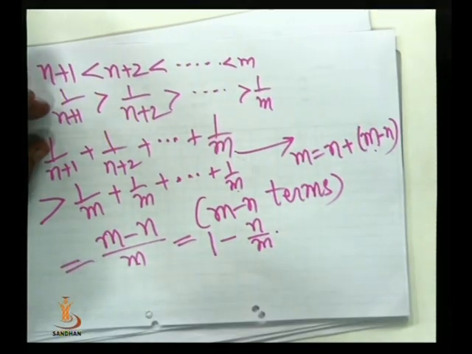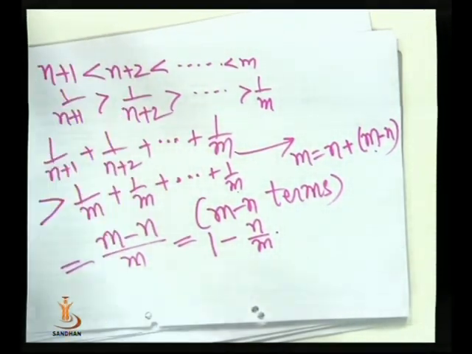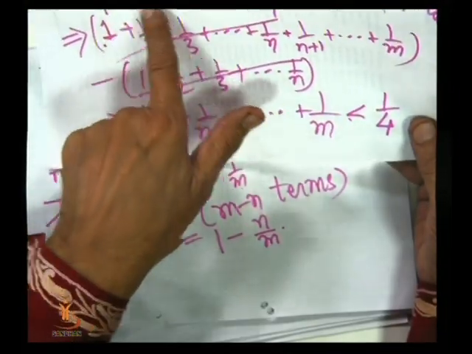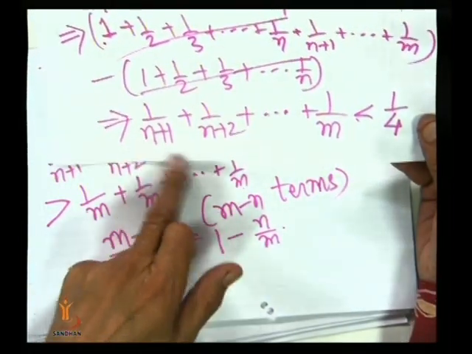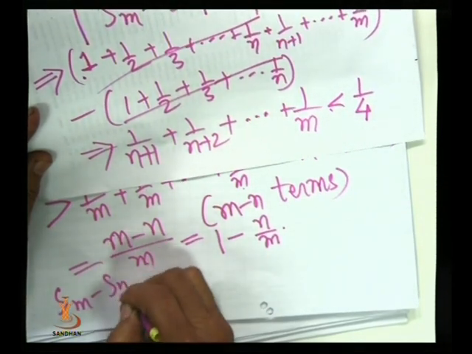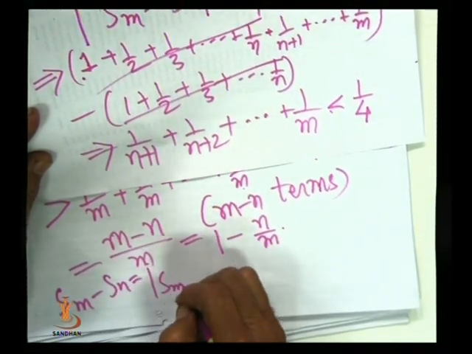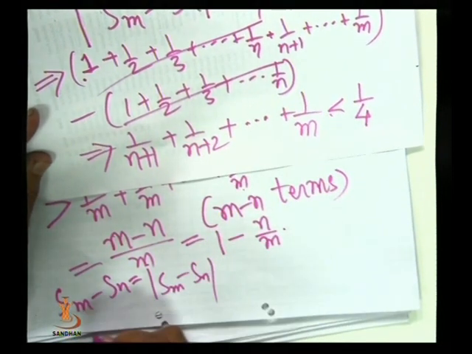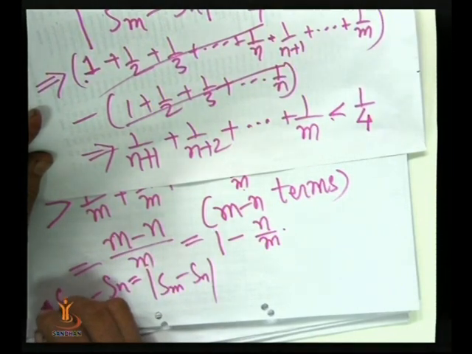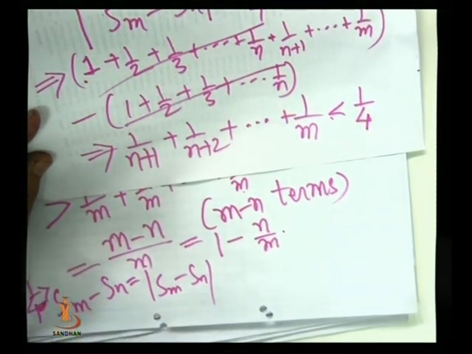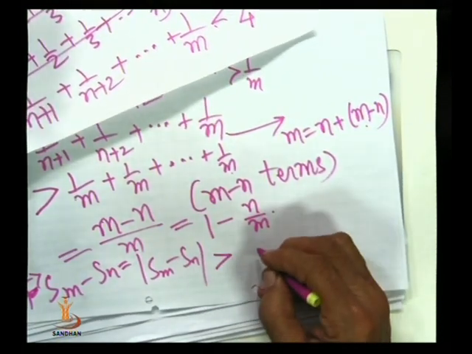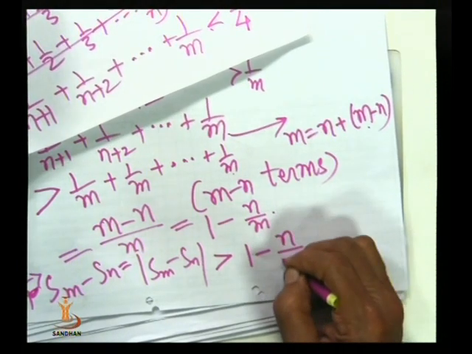So this sum 1 upon n plus 1, 1 upon n plus 2, which was the left hand side, Sm minus Sn, which is the same as modulus Sm minus Sn, is less than 1 upon 4, and we have shown this is greater than 1 minus n upon m.